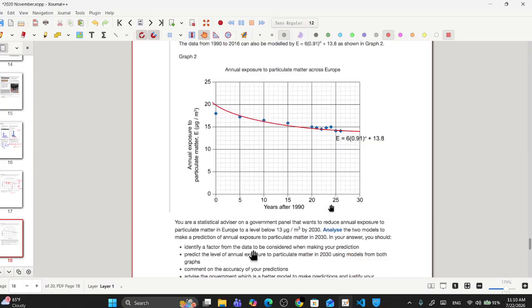Okay. A factor that needs to be considered. Hmm. What can be a positive factor or a factor that can be considered in this?